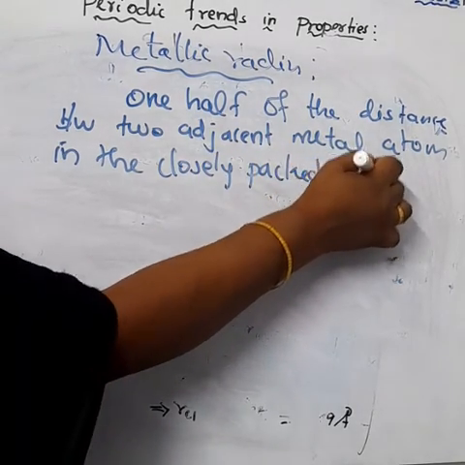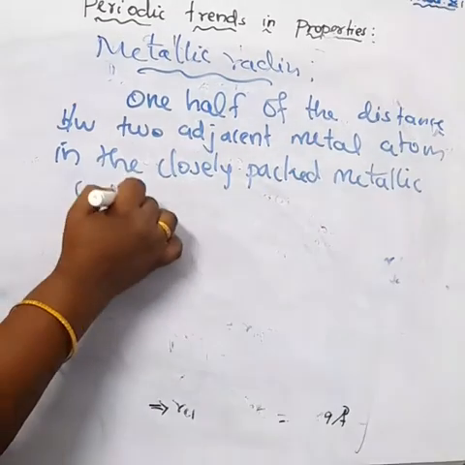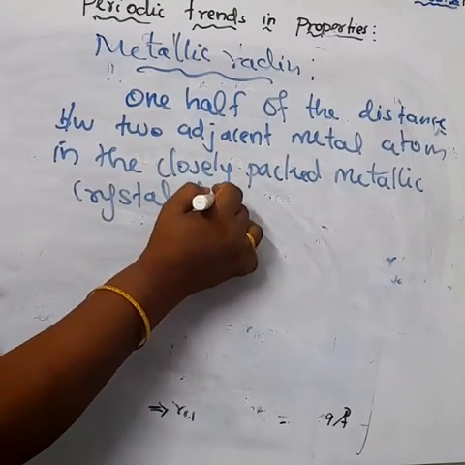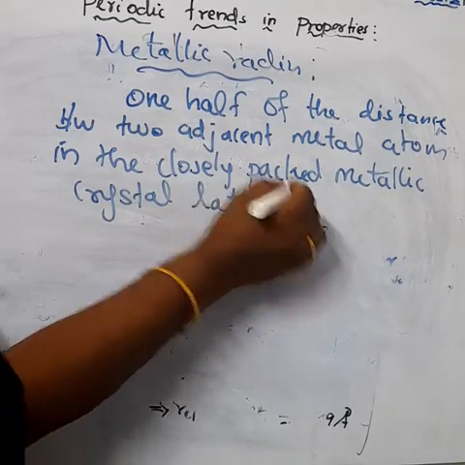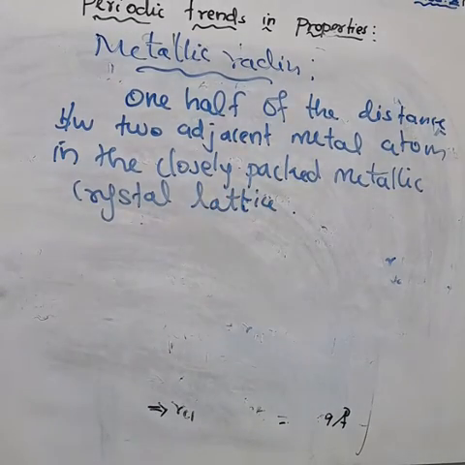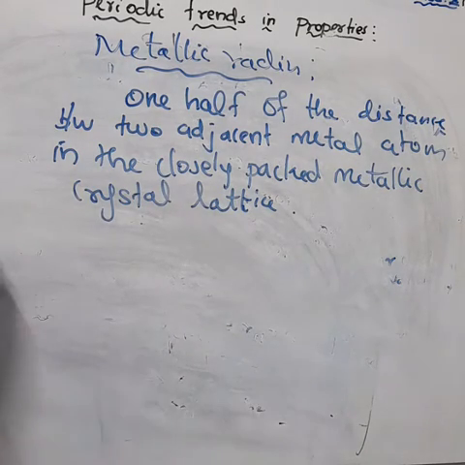The metallic radius means 1/2 of the distance between two adjacent metal atoms in the closely packed metallic crystal lattice. Understood? So, what do you mean by covalent radius? Covalent radius means 1/2 of the internuclear distance between two identical atoms linked by a single covalent bond.